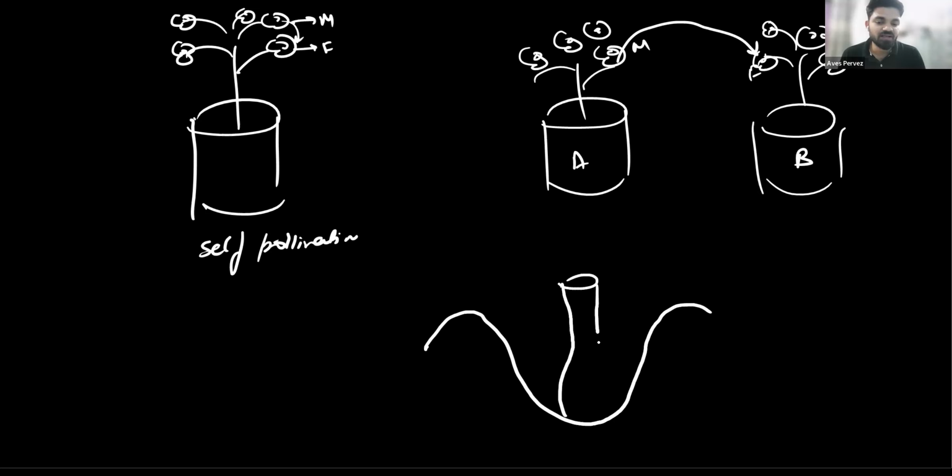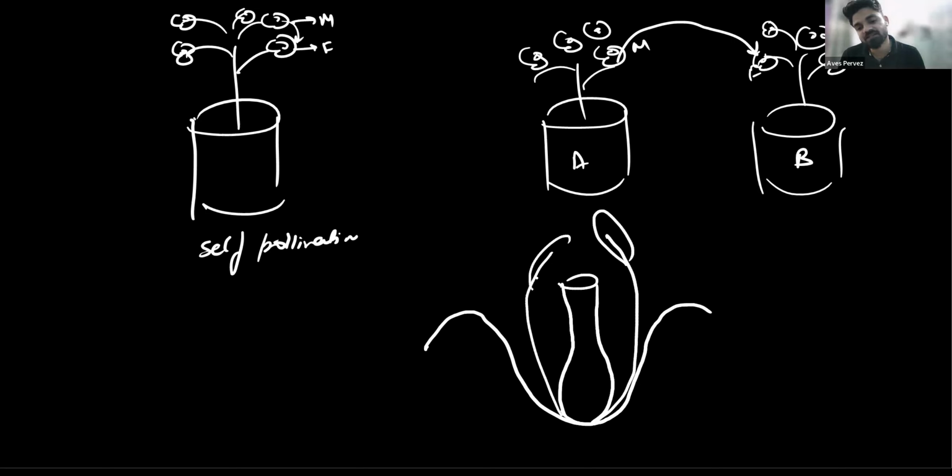So we cut the stamens, or we can say that we remove this one, so that it cannot disperse the pollen grain to this one, and we artificially pollinate this one by transferring the pollen grains from other flowers.